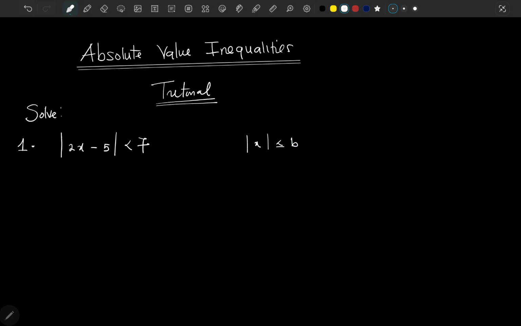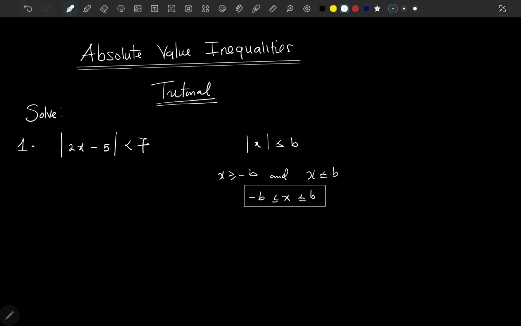Once you see less than, you keep the same, and then the other one you just flip, like this. This means that your solution x lies between negative b and b.